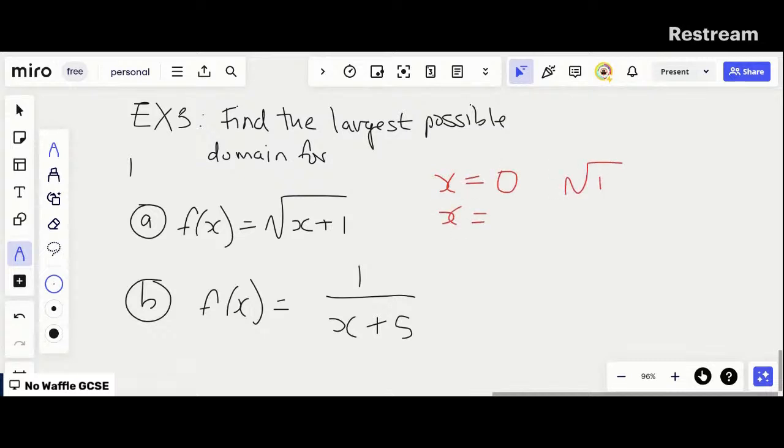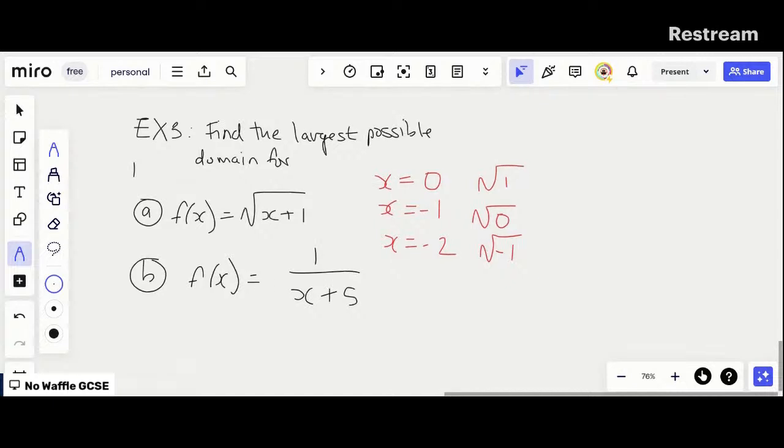When x is equal to minus 1, you have the square root of 0, which is fine. But when x is equal to minus 2, you get square root of minus 1. So our largest possible domain is that x has to be greater than or equal to minus 1. Okay, that's the largest possible domain.